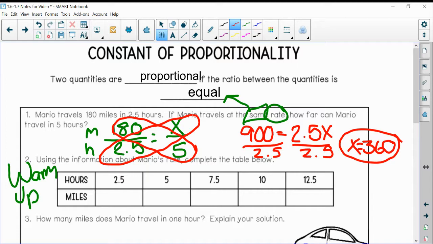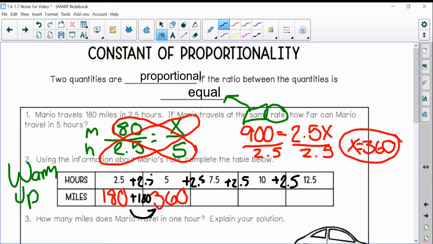So let's fill in our chart. It says, using the information about his rate, complete the table below. So we already were told 180 miles in 2.5. We just determined that he could go 360 in 5. So what I see is, because he's increasing at a constant rate, I add 2.5, I add 2.5, I add 2.5, and every time I add 2.5, I add 180, because every 2.5 hours he goes 180.